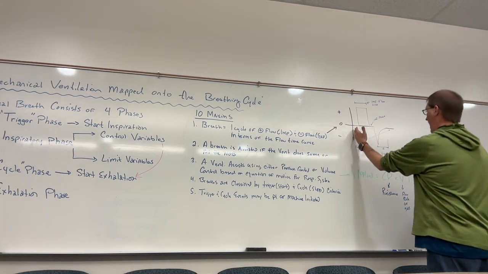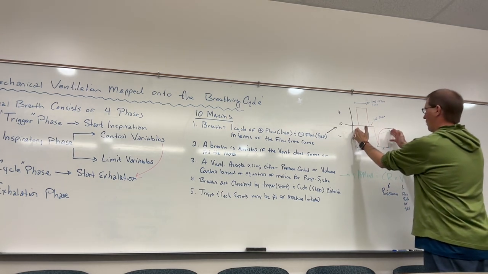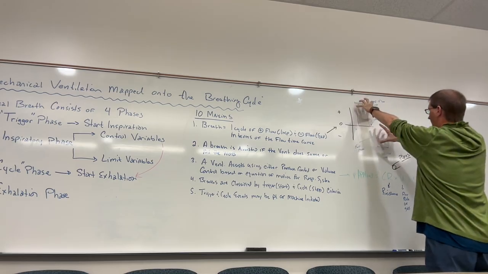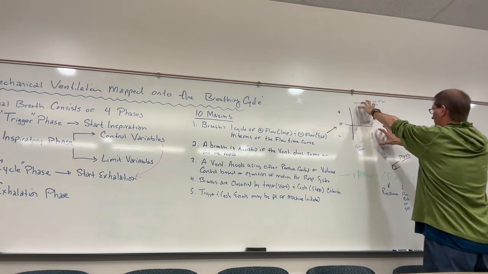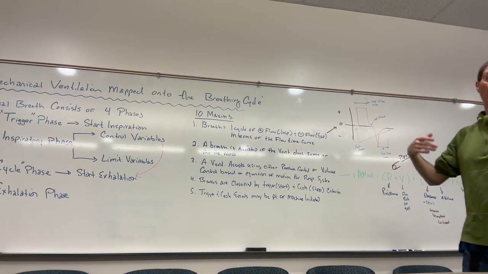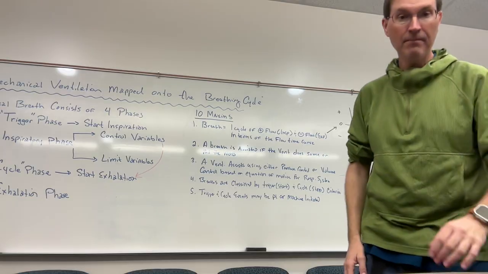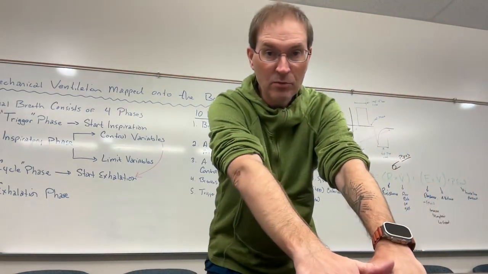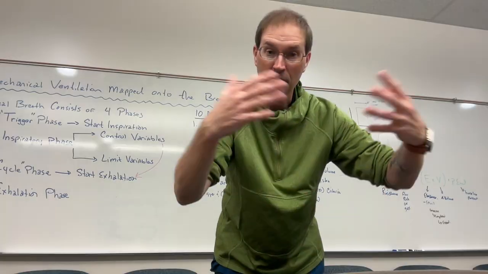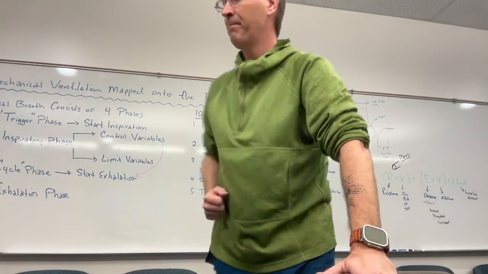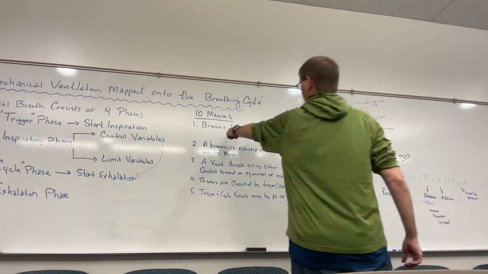And from the expiratory pause to the expiratory pause, including the inspiratory flow time and the expiratory flow time, this is what we define as a breath, all right? And the amount of time it takes for the inspiratory and the expiratory is sometimes referred to as the total cycle time. All right, so that's the first maxim.